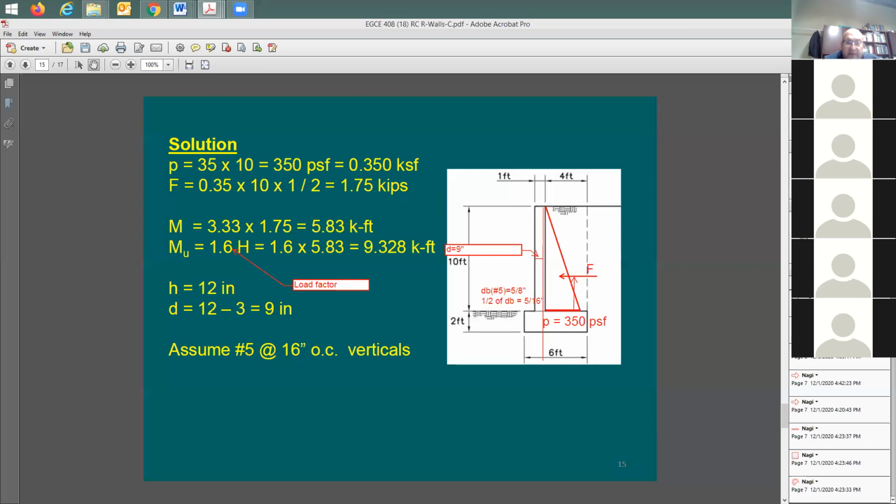Which page of the steel manual, do you know? It's going to be Section 3, Table 3-23. Let me just give it to you. Page 3-208.